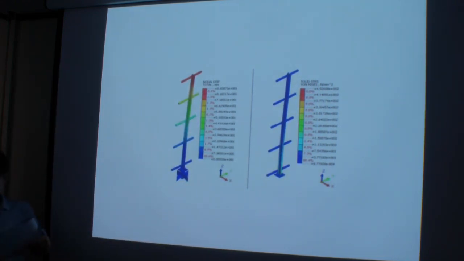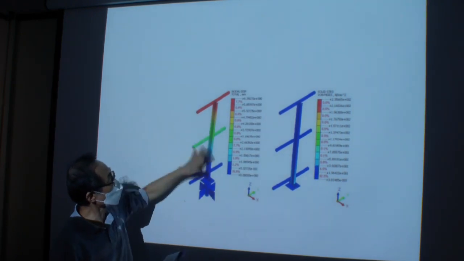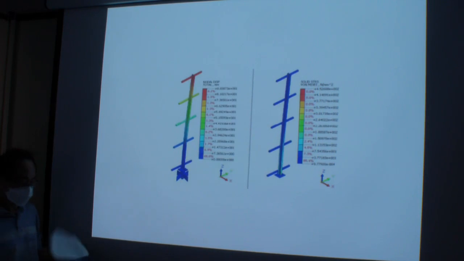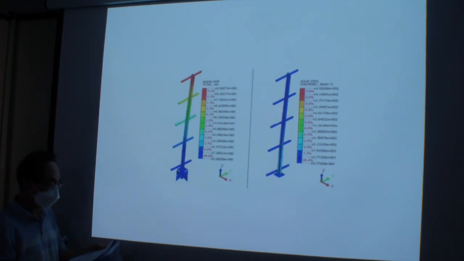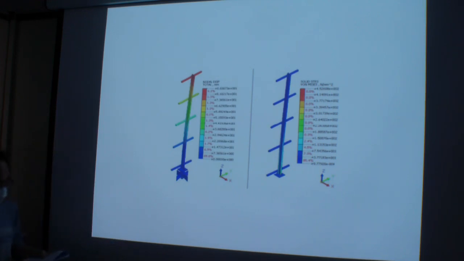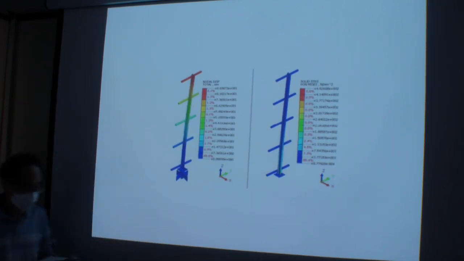The previous one is 3 by 3 meters. This is 6 by 2.5 meters. There are size differences, so we can see there are much more differences over there.